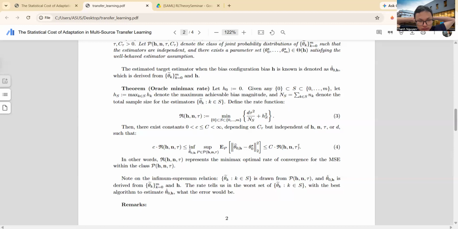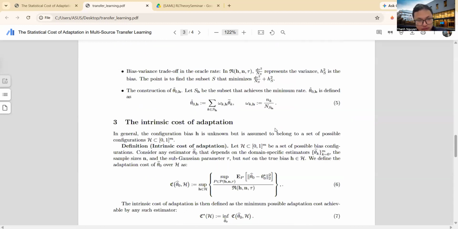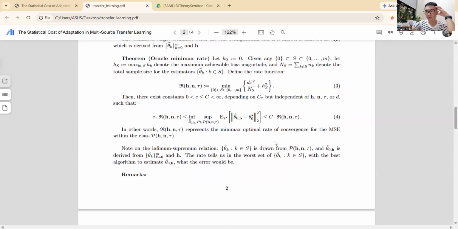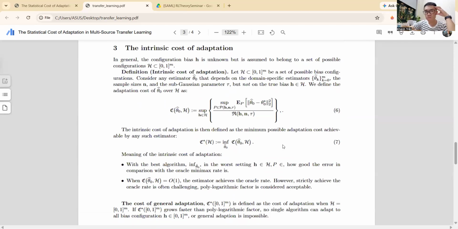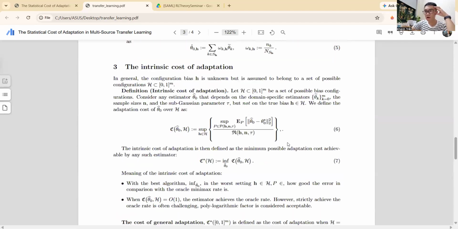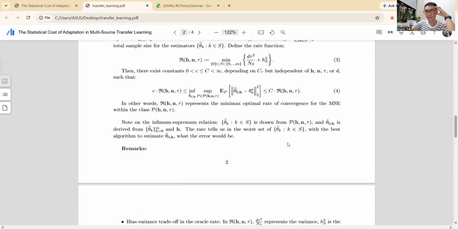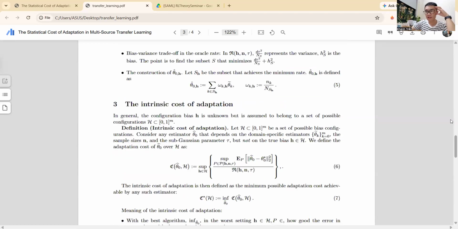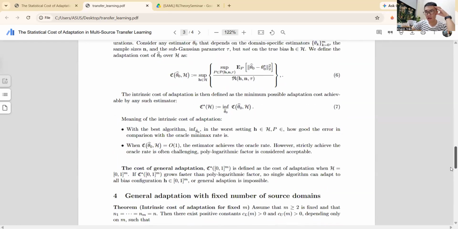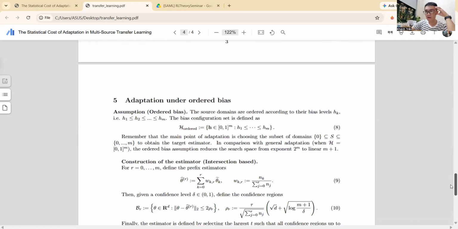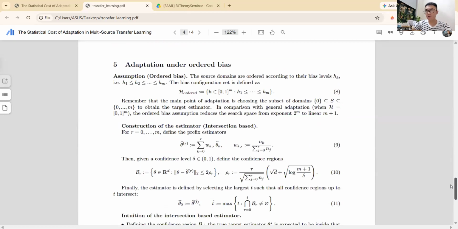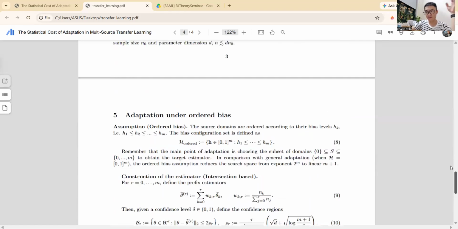How do they do that? I will have one example later. We can continue with the presentation, and I have one example of when they choose the set of the source domain.